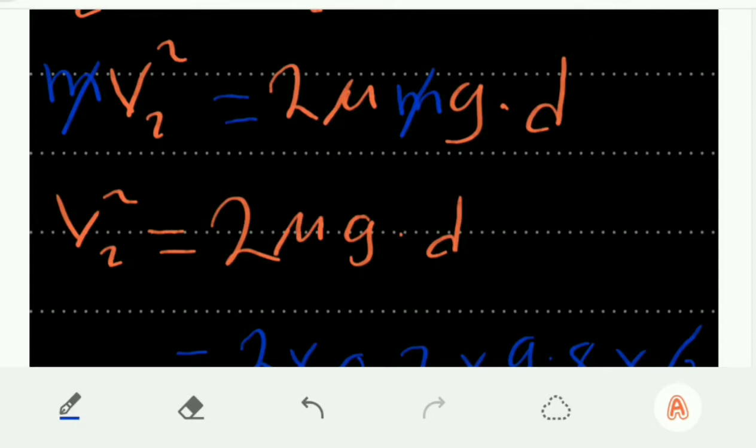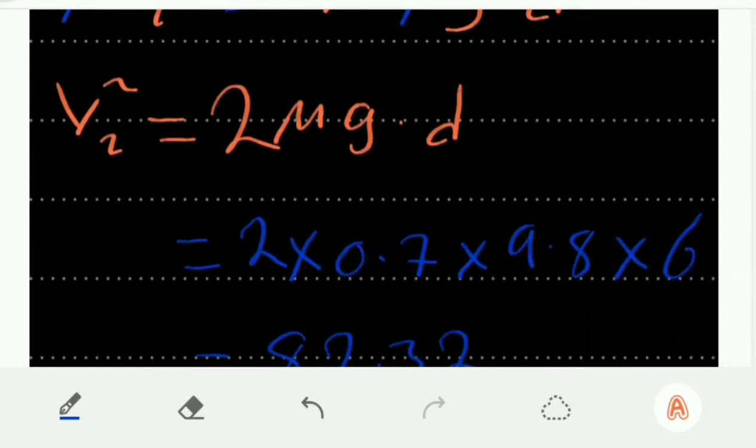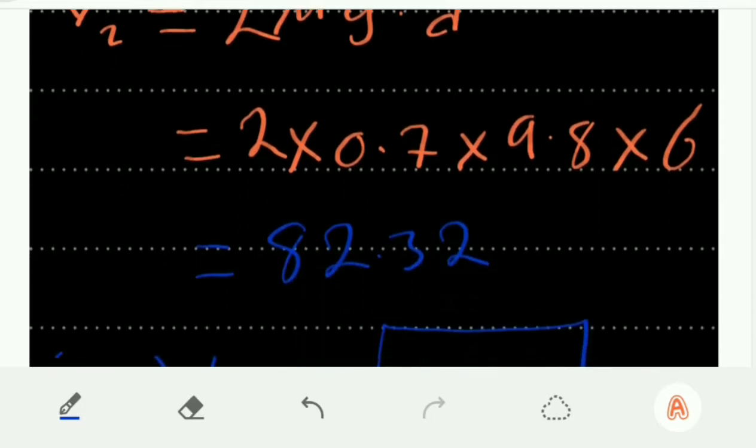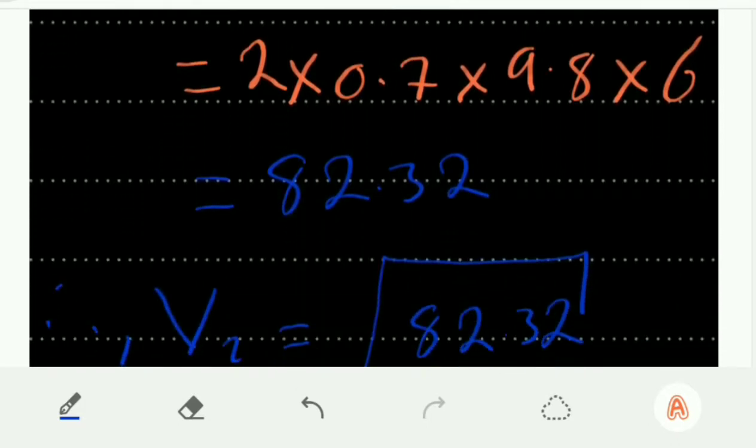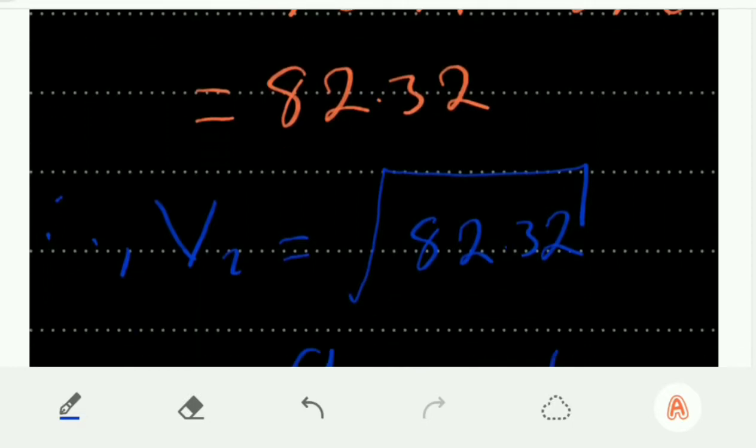Okay, so now we simply substitute the data into the equation. We know that v2 squared is going to be 2 times 0.7 times 9.6 times 6. After you work it out on your calculator, you're going to find 82.32, and if I get the square root of that, it gives you the final velocity for the vehicles as they are skidding.